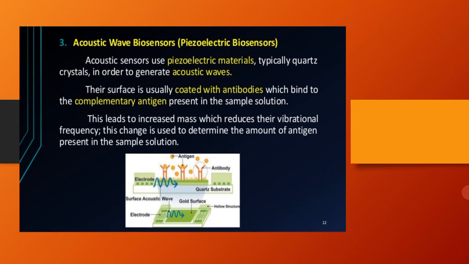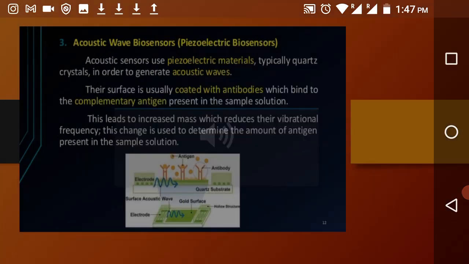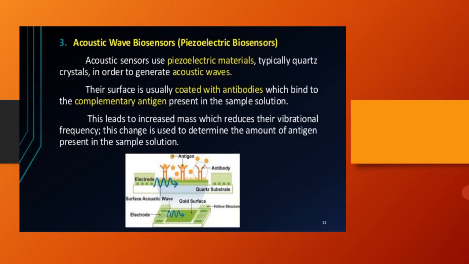test sample. So what is happening? First, the antibodies are coated at the surface. Then if our antigen is present in the test sample, it will bind to the antibodies. The antigen antibody reaction takes place, and due to this reaction, the vibrational frequency of the acoustic waves caused by the quartz decreases.